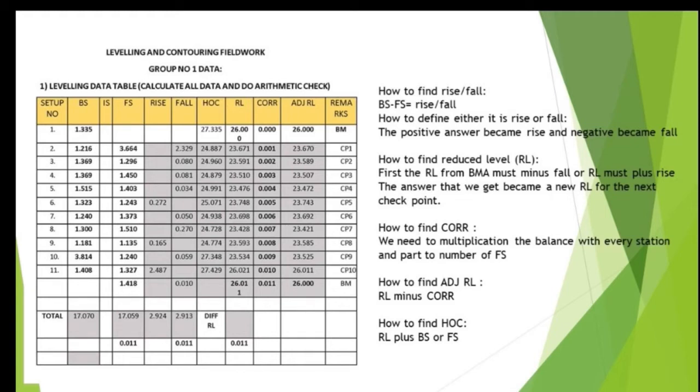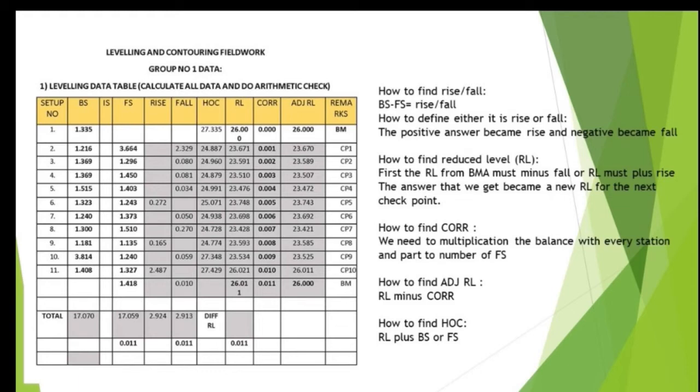Then we will find the difference between the first RL, which is 26, with the last RL that we got, which is 26.011. We got the answer 0.011. So we will use the answer of the difference to find the correction.